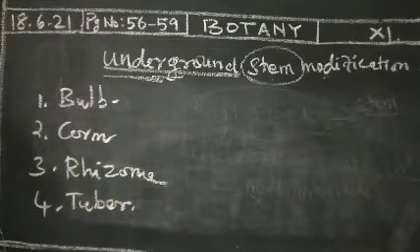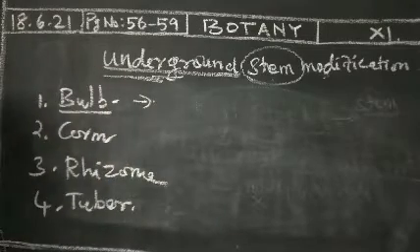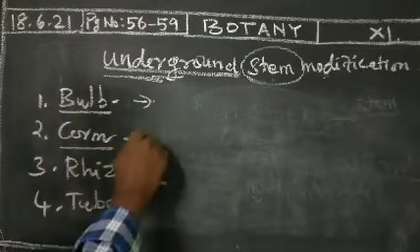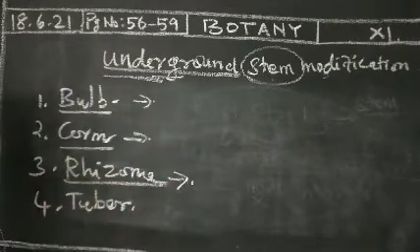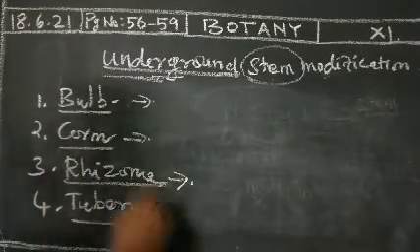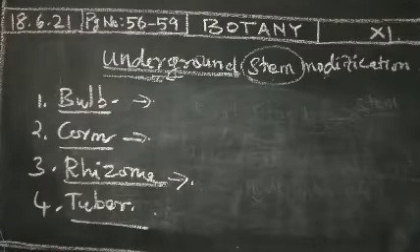Good examples: for bulb, Allium cepa and Allium sativum; for corm, yam; for rhizome, Zingiber officinale and Curcuma longa; and for tuber, Solanum tuberosum.